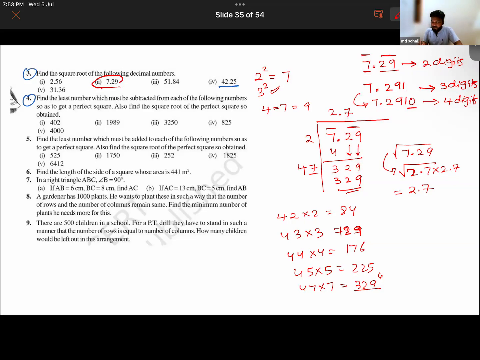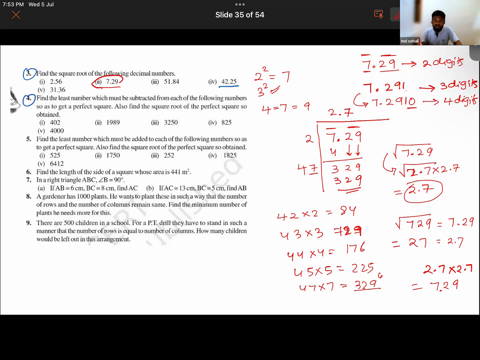In fact, we can check it as well. If the number was 729, its square root is 27, right? Here the number is 7.29, so the root is 2.7. So how do we multiply decimals? 2.7 multiplied by 2.7, we get 729, and we are required to place the decimal from the end after 2 digits, right?